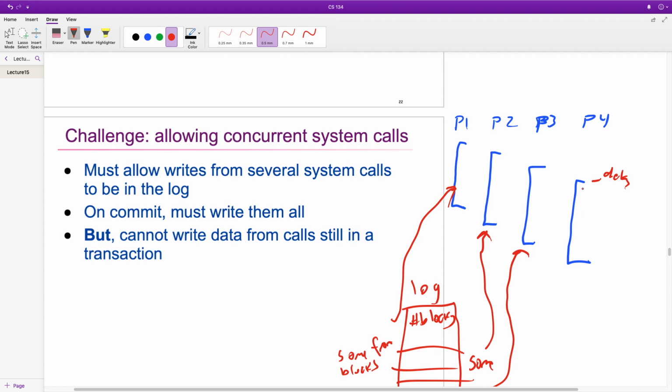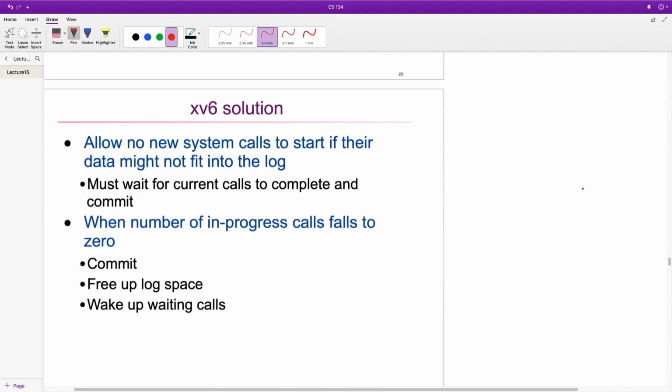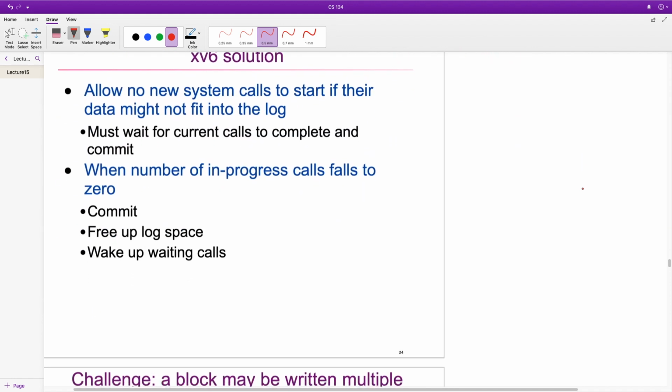This one finishes, down to 0. Okay, at this point, when we're down to 0, commit. Free up your log space. Commit meaning copy all the stuff back to the file system, and then wake up after you've done all the writing and the installing. Make sense?